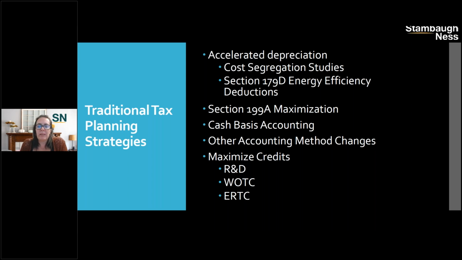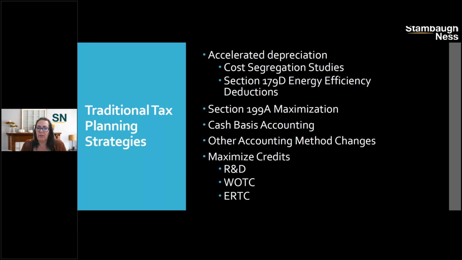Some other traditional tax planning strategies: Section 199A is that 20% pass-through deduction. So we'll go out of our way to try to maximize that benefit for the shareholders and pass-through members of businesses. Cash basis accounting is a big one.